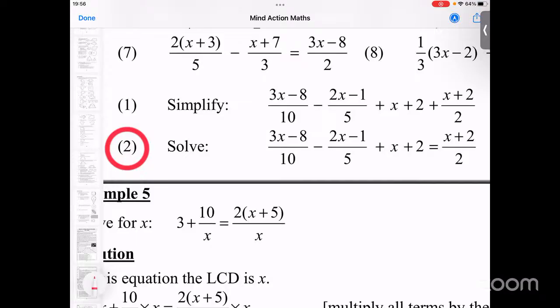Grace, Langlihle, and Busisiwe, can you see this question? Yes, sir. Do you know where to start? Anyone who doesn't know where to start? No one. Okay.